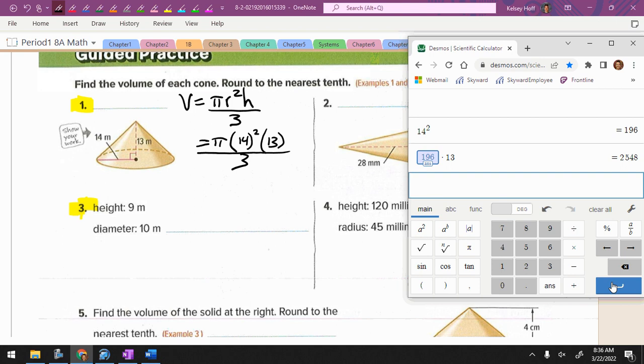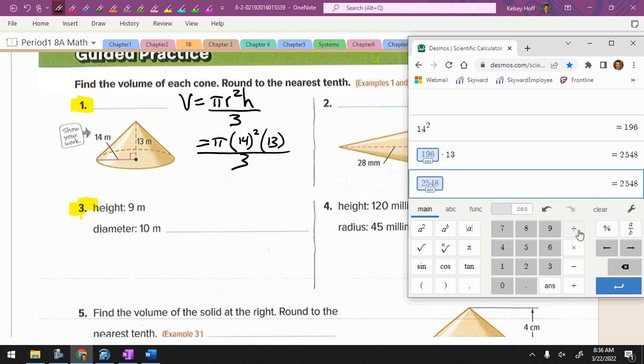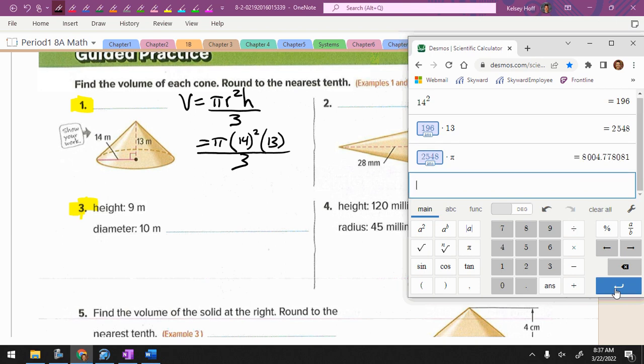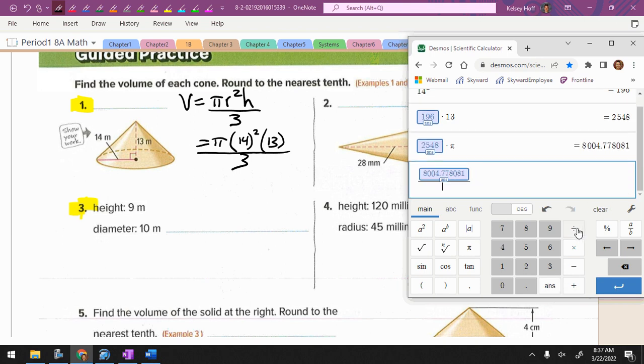Did you start the same thing we did? 14 squared? ANS times 13. Then I go ANS times pi. I hit enter. ANS divided by 3.